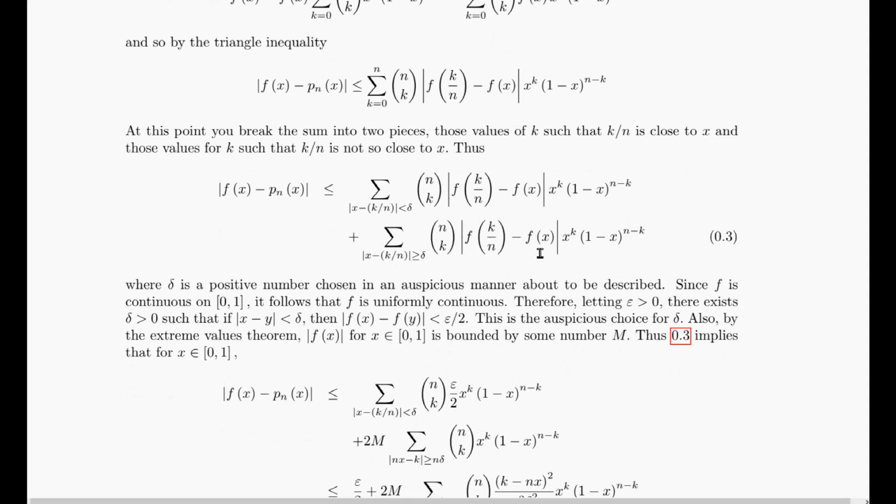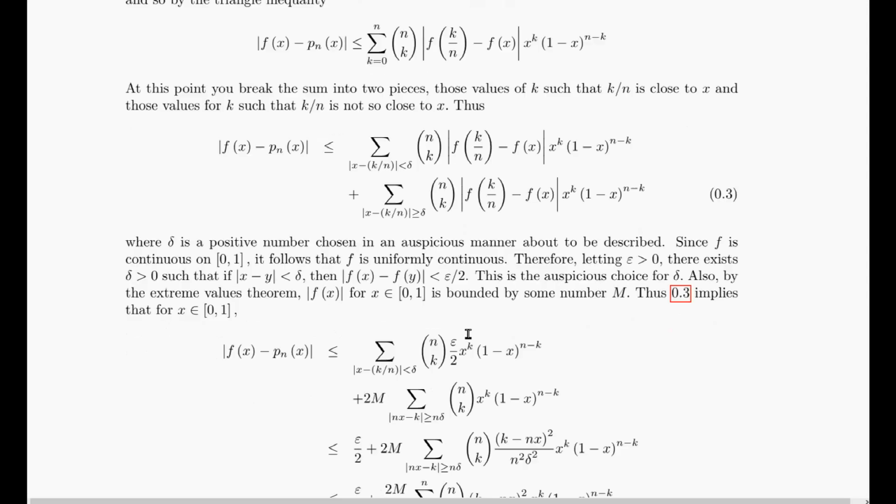Now this second integral will be smaller than 2M, where M is the largest value of the absolute value of f(x) on this interval. You see, so if I look at this, it's smaller than 2M here, see? And that's pretty crude.